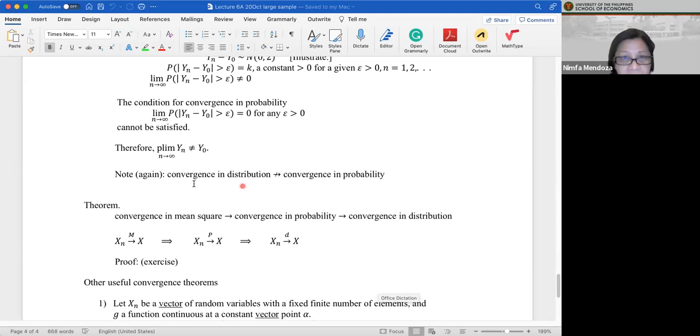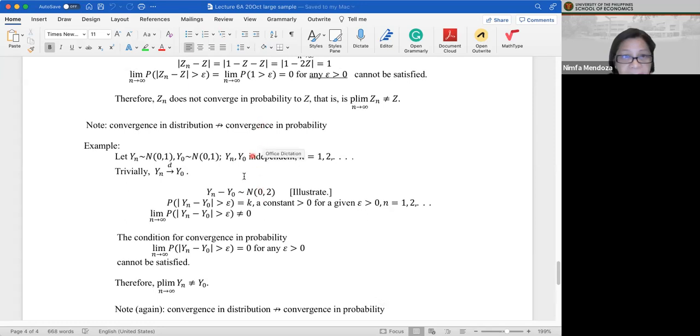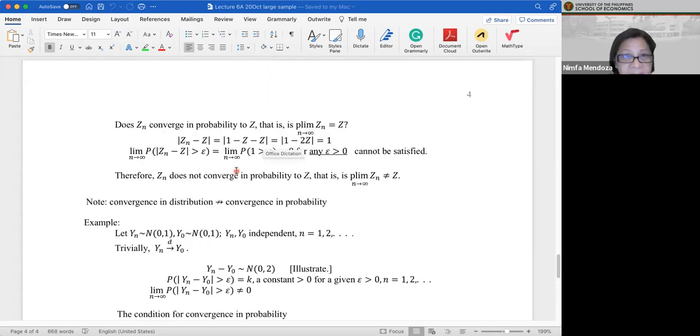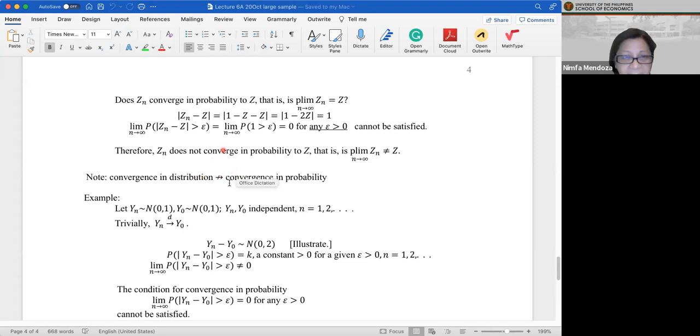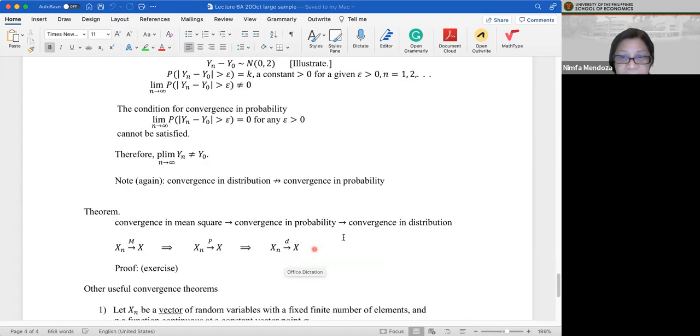So in our previous examples, we have seen that convergence in distribution does not imply convergence in probability. We have 2 examples for that.